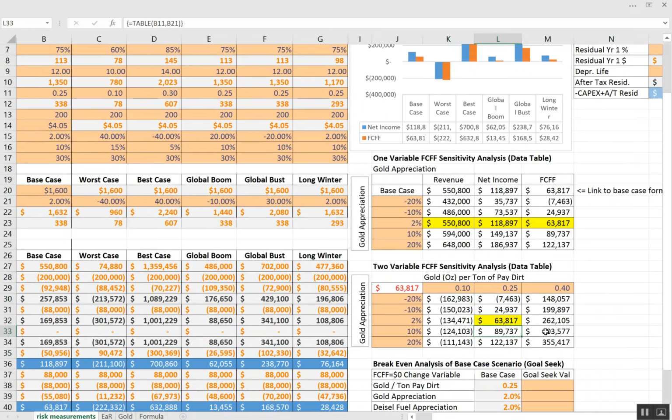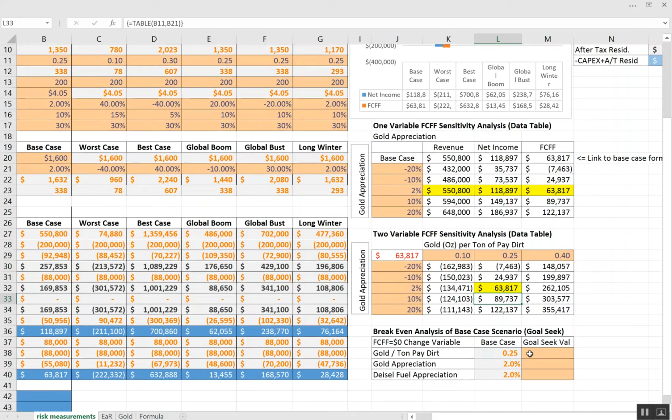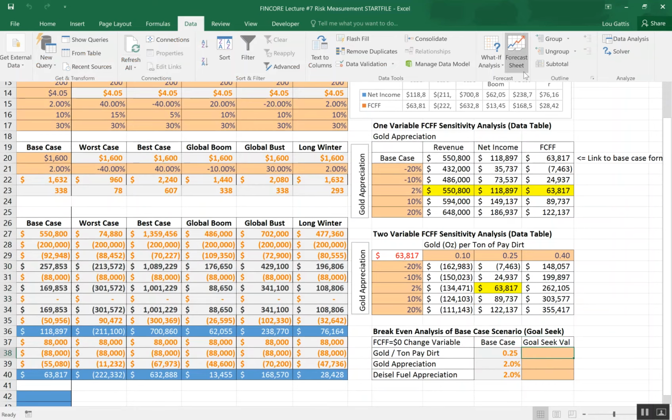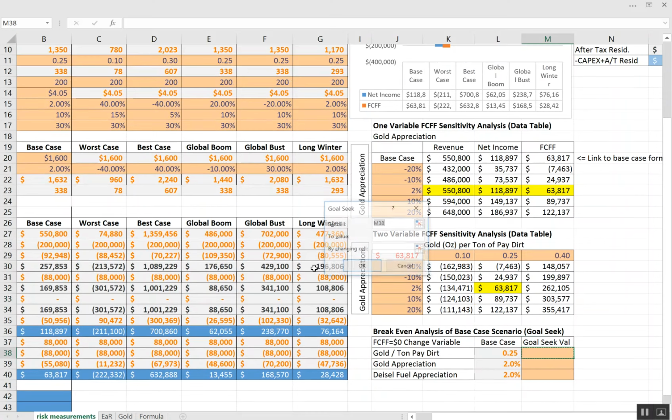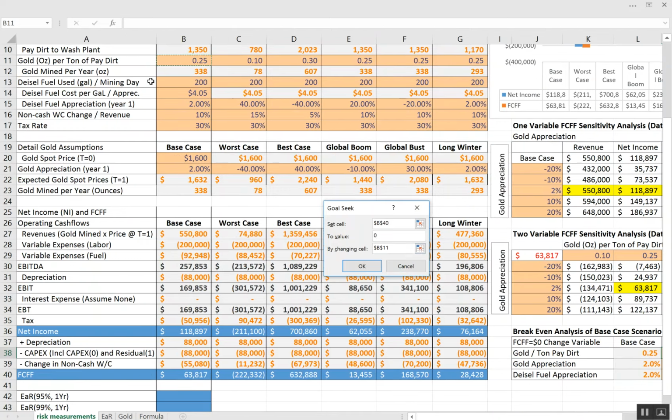Now the next step would be to do a goal seek using a break-even analysis. What amount of gold do we need to find to break even? So I can just do a goal seek. Data, what if, goal seek. Let's set my free cash flows to 0 by changing the amount of gold in the dirt.